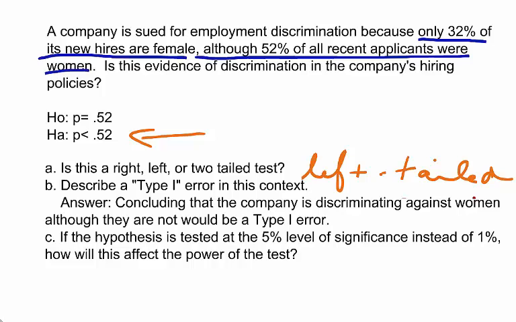The power of the test will increase when the significance level is raised from 1% to 5%. Or rather, we should say lowered, because our threshold is being lowered from 1% to 5%. It's a less stringent test.